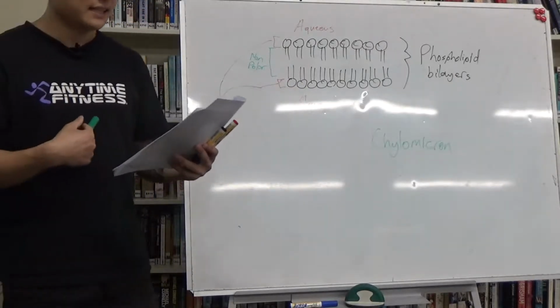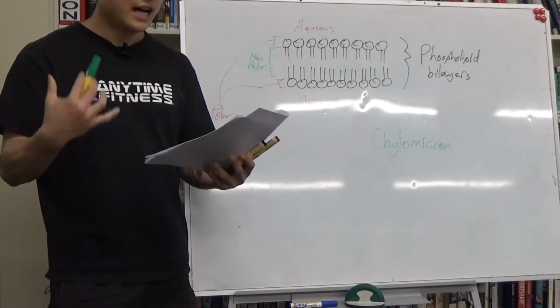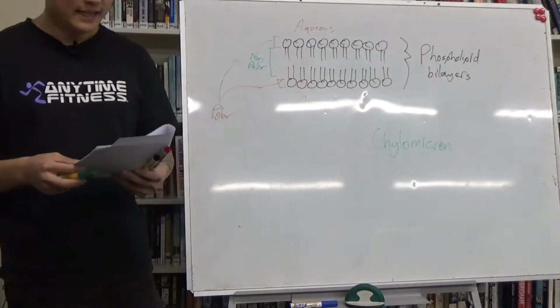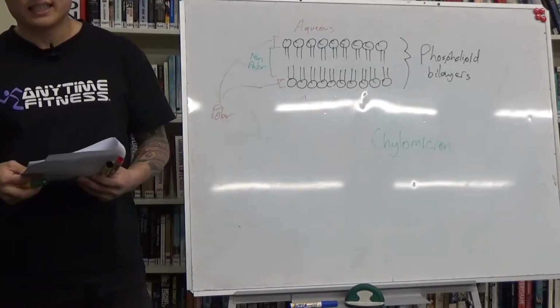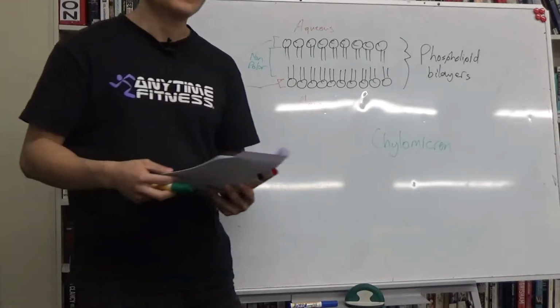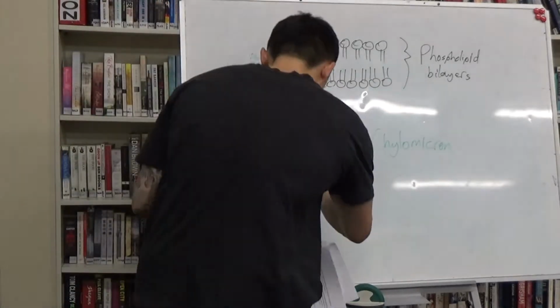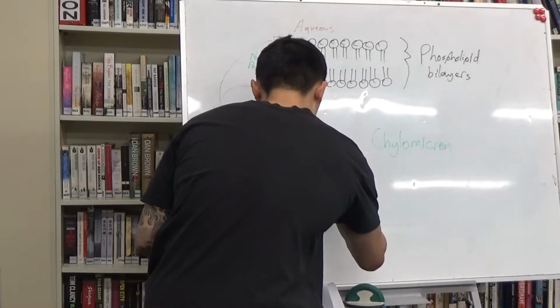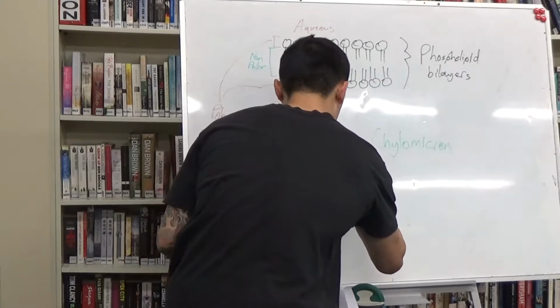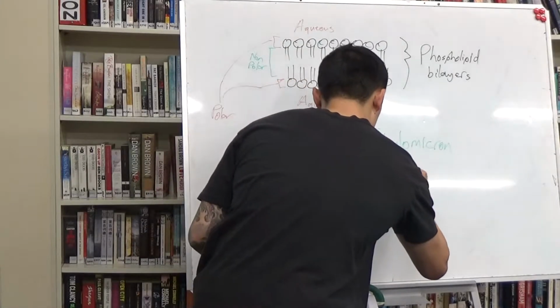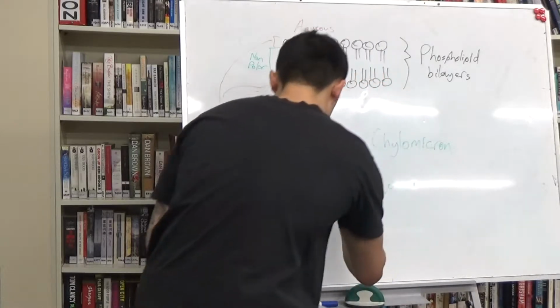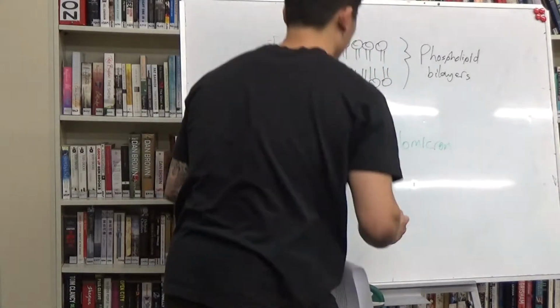So when these chylomicrons enter into the bloodstream, they're going to travel through the arterial system where the triglycerides in the chylomicrons are hydrolyzed by an enzyme called lipoprotein lipase, or LPL for short.